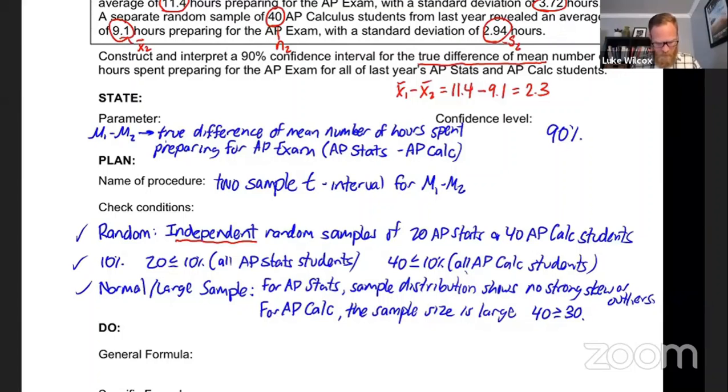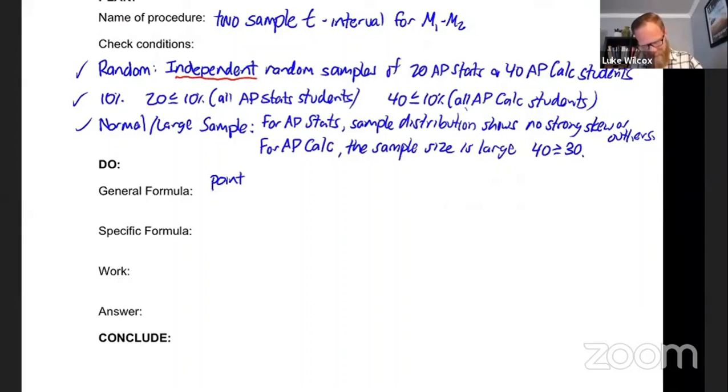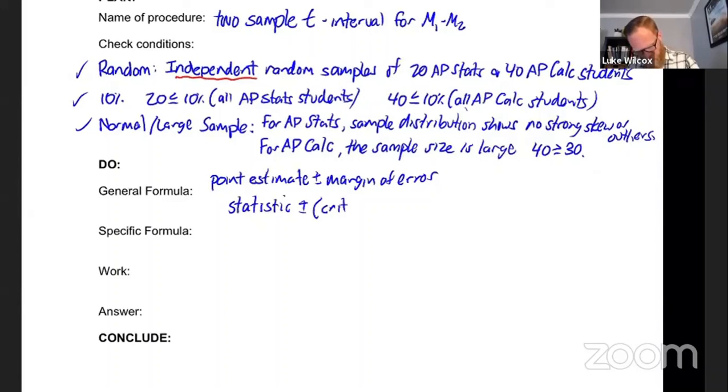All right, let's move to the do. And the general formulas are going to look exactly the same as they did on the previous page. Point estimate plus or minus the margin of error. And then we have our formula from the formula sheet, which says statistic plus or minus the critical value times the standard error of the statistic.